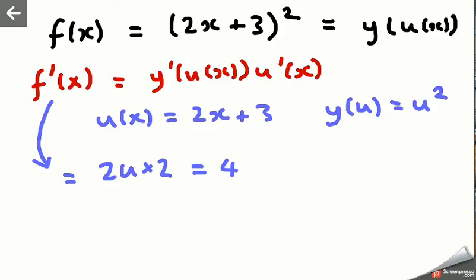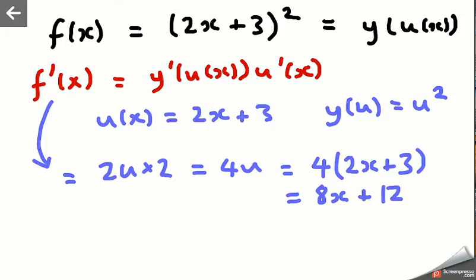It's basically saying that because our original function started with x, we should probably present the answer in terms of x as well. And so this is equal to 4 times (2x + 3), which is equal to 8x + 12.